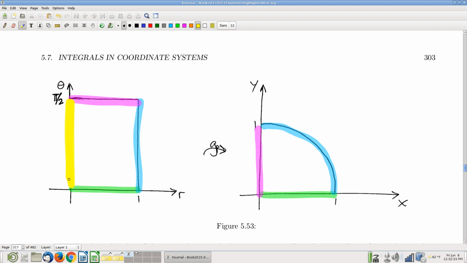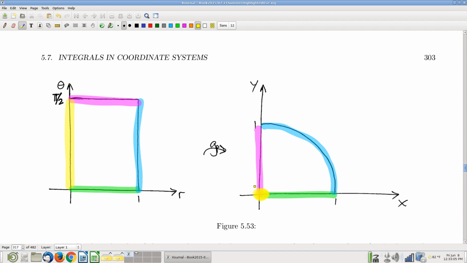And then what's this edge over here? Well, it's a little bit weird, but when you think about it, every point on this edge has r equal to 0. That means all the points on this edge go to where r is equal to 0. So what this change of variables function does to this shape is it takes the left edge here and pinches the whole left edge down to a single point, and thus fans out the rest of the rectangle to make that quartered disk.